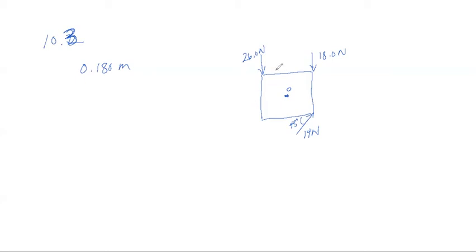Okay, so we know this is O. All these sides are 0.180 meters, and the lever arms are going to be here. So first of all, we need to find the distance, the radii are going to be there. If I take this, do the Pythagorean theorem, all the R's equal each other, equal the square root of 0.09 meters squared plus 0.09 meters squared.